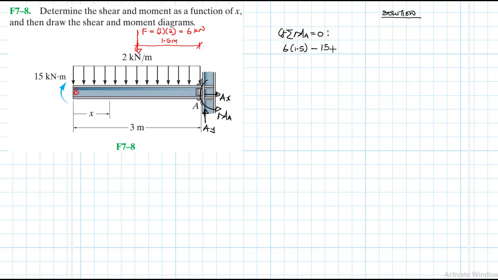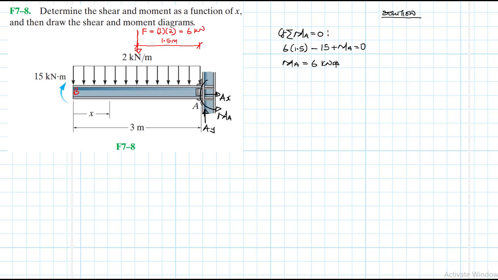Then we have MA equal to 0. Therefore, our MA is just going to be equal to, let's calculate, 6 by 1.5 minus 15. This gives us MA equal to 6 kilonewton meters.